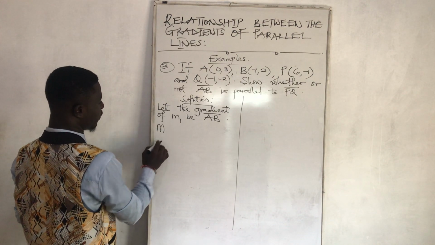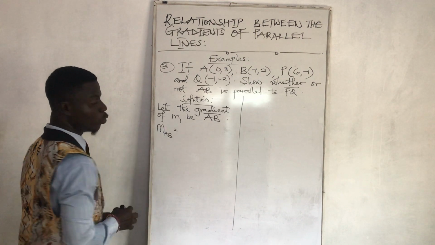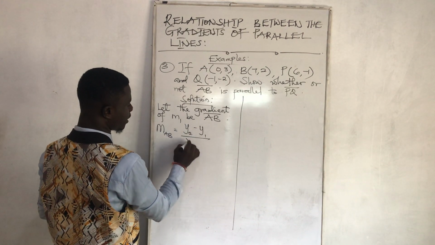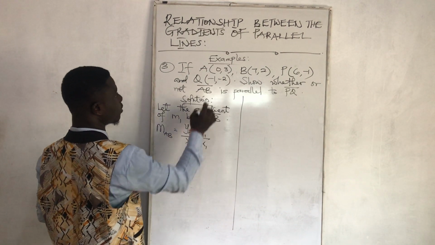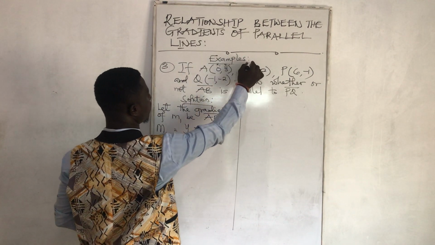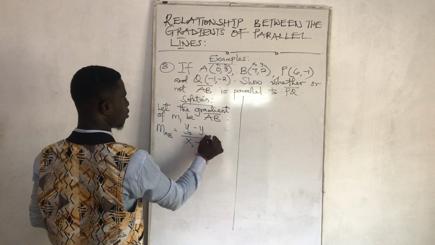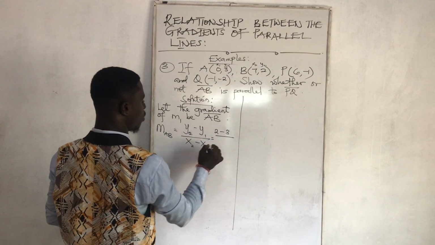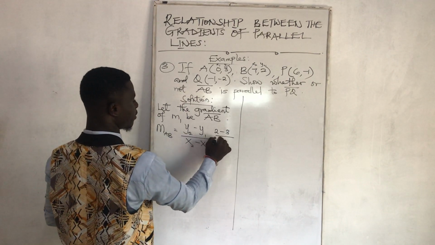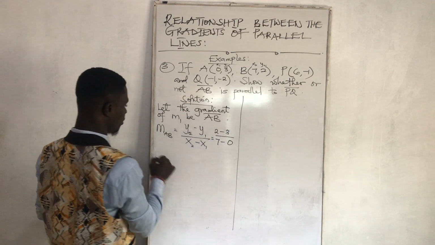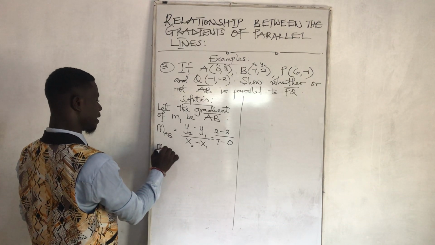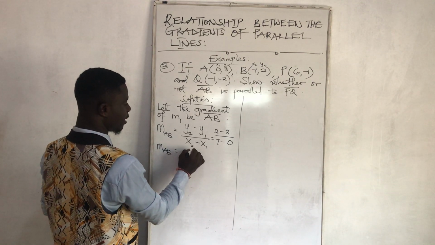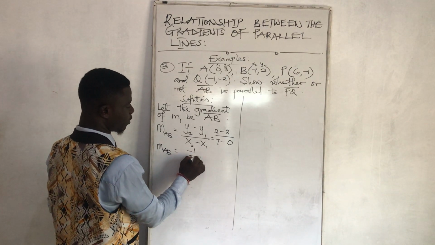We know the gradient formula, which is Y2 minus Y1 all over X2 minus X1. So Y2, which is 2, minus Y1, which is 3, all over X2, which is 7, minus X1, which is 0. So the gradient of AB is equal to 2 minus 3, which gives -1, all over 7 minus 0, which is 7.